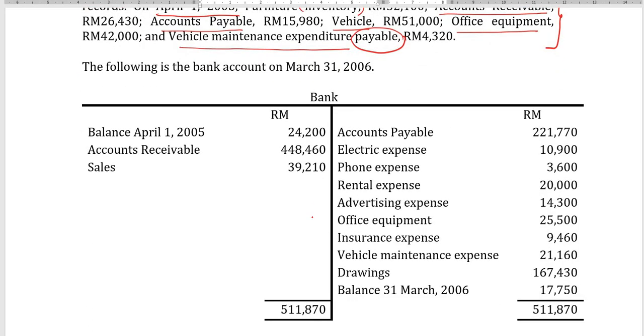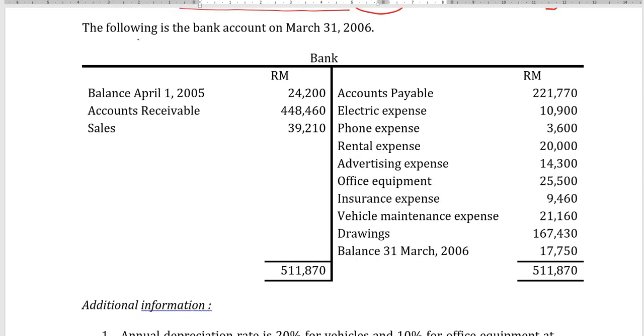Okay, so dia bagi account bank, so this is balance 1 hari bulan baki BF, and this is ending balance. Okay, so you look here, alright, you ada AP, and then you have electric expense, phone expense, rental expense, advertising expense, office equipment. That means you buy additional office equipment.